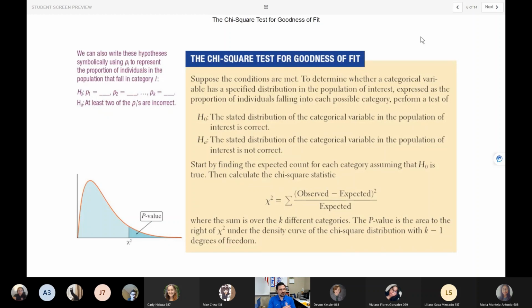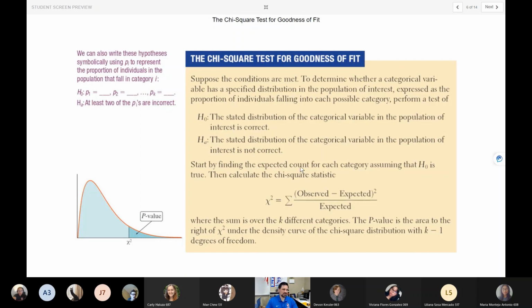Then we have the chi-square test for goodness of fit. This is, in a nutshell, how we go through this process. We check our conditions and, supposing the conditions are met, to determine whether a categorical variable has a specified distribution in the population of interest, expressed as the proportion of individuals falling into each possible category, we perform a test of the null hypothesis that the stated distribution of the categorical variable in the population of interest is correct, versus the alternative that the stated distribution is not correct.